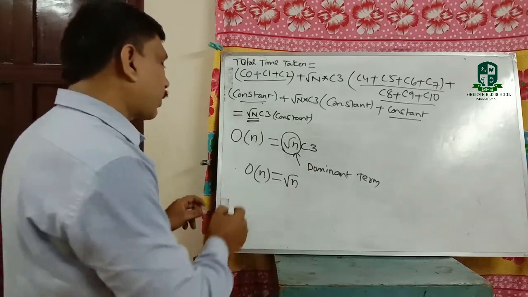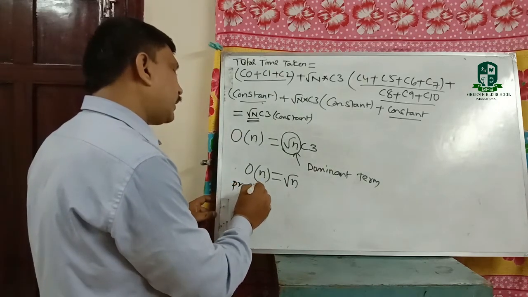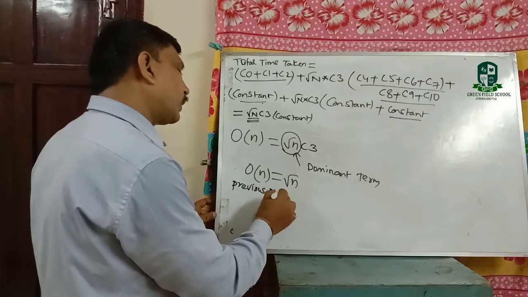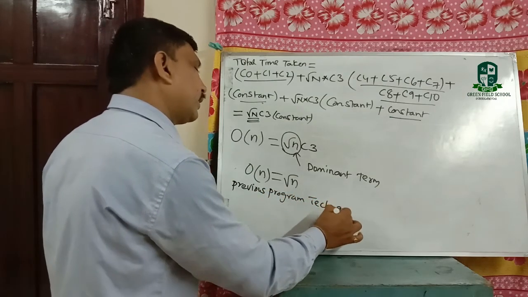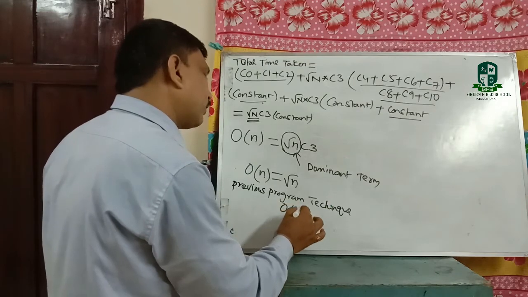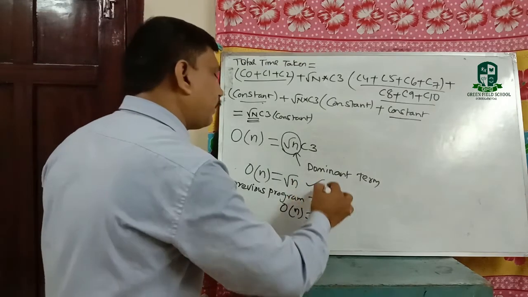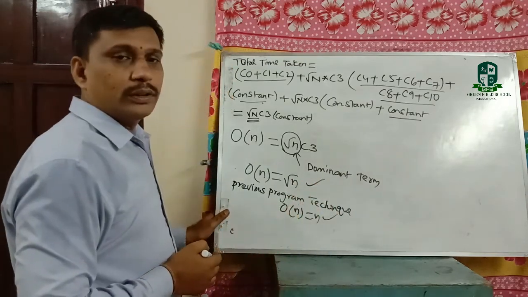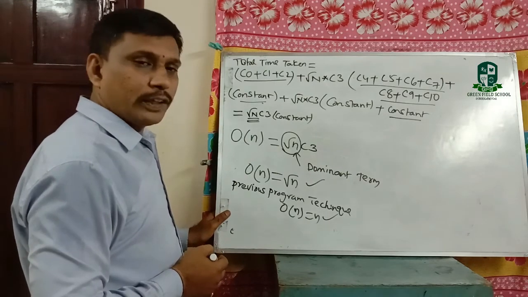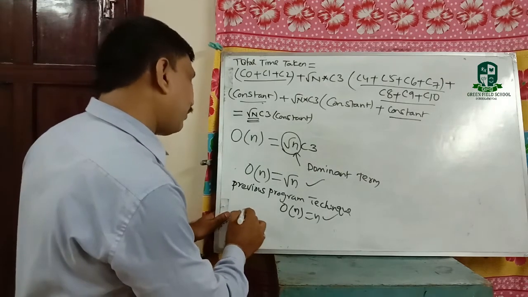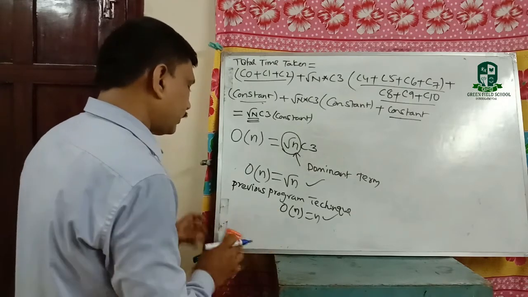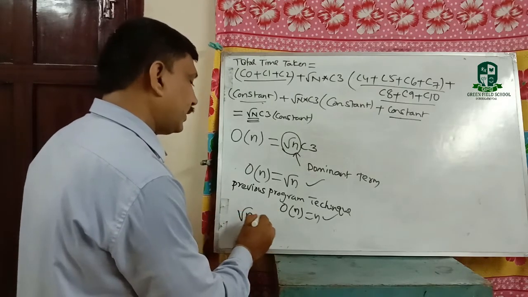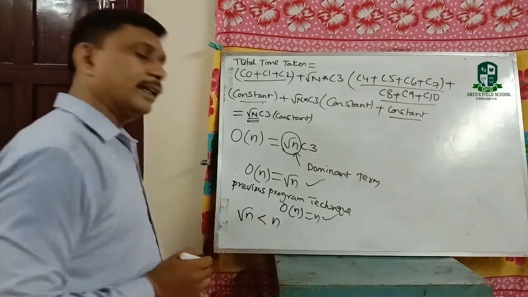But in the previous program technique, the order of n is equal to n. When we compare these two, root n is always less than n.